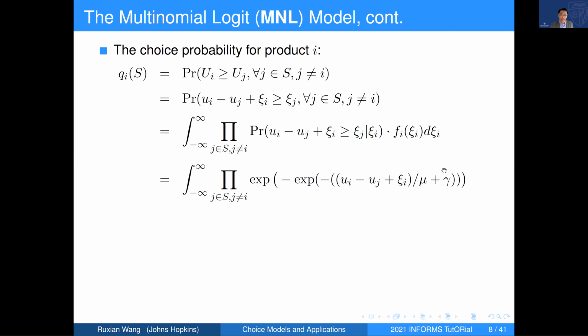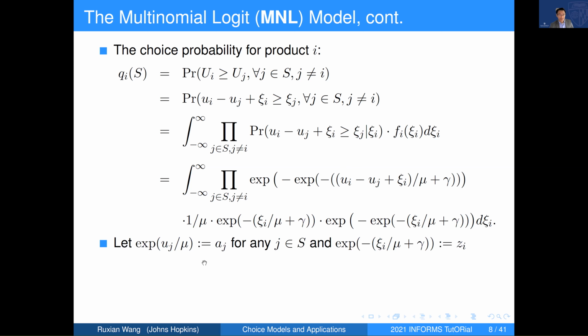All right, here you can see we use a double exponential distribution. And this part is very, very important. We introduced two new variables.